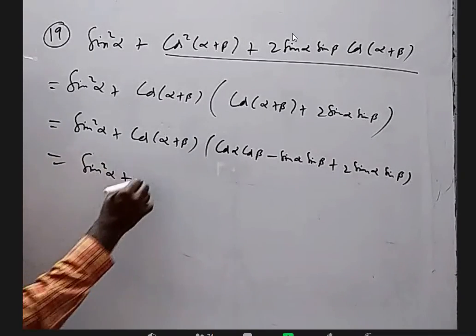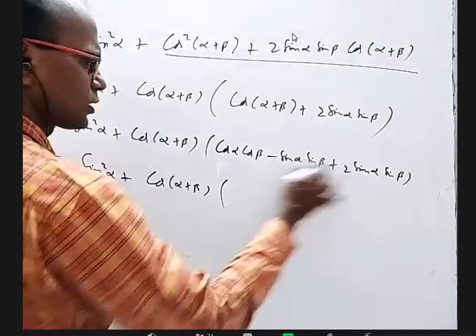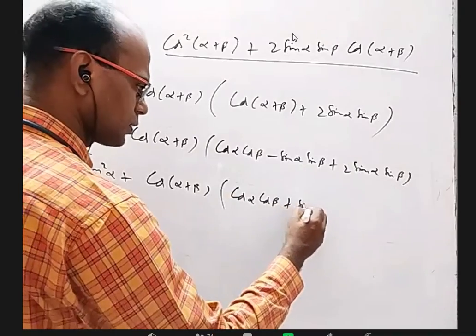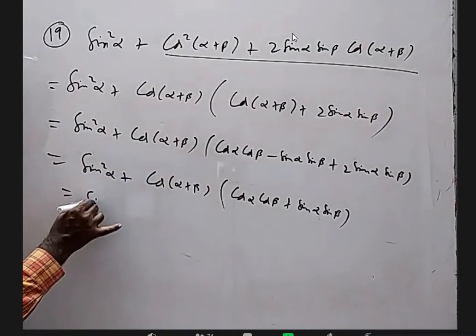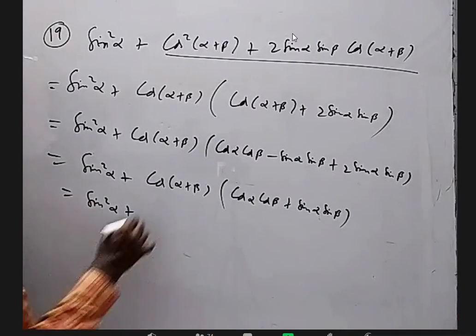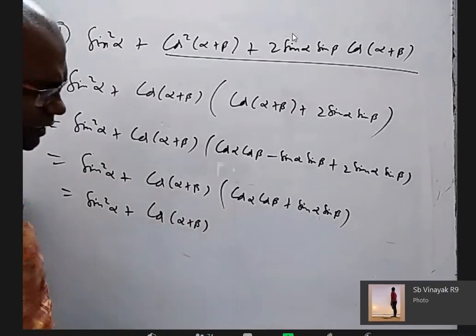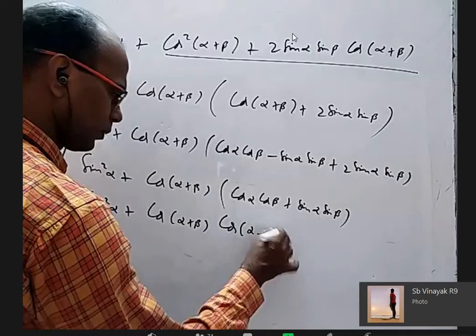So sin square alpha cos alpha plus beta. This and this put together: cos alpha cos beta plus sin alpha sin beta. Cos A cos B plus sin A sin B is cos A minus B. So I'm going to write cos alpha minus beta.